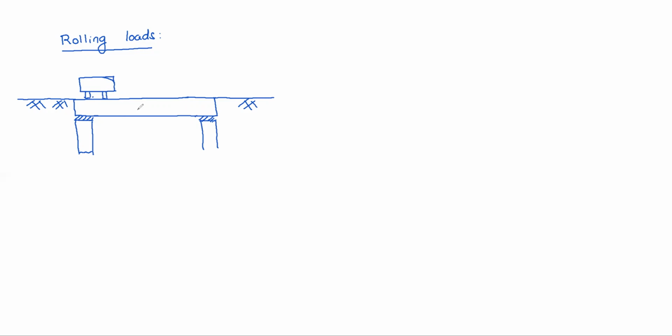Suppose at a given section, shear force changes as the load is moving from left to right. For what position the beam gets maximum shear force, and for what position of loads at a given section the beam gets maximum bending moment, all these things we can find by using these ILD principles.